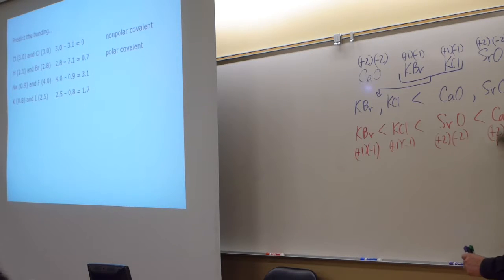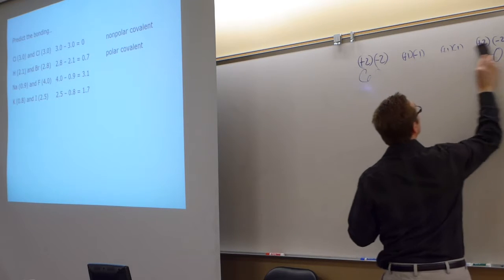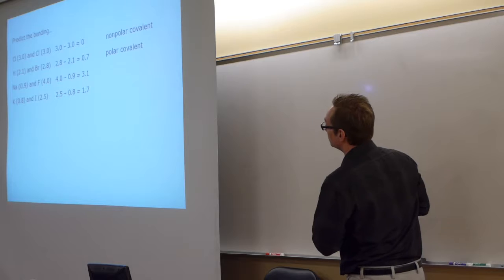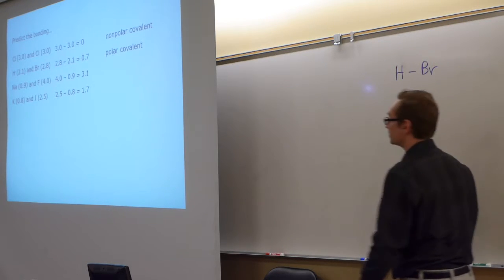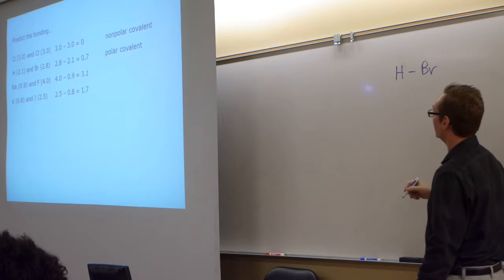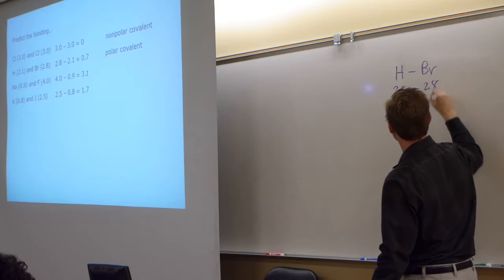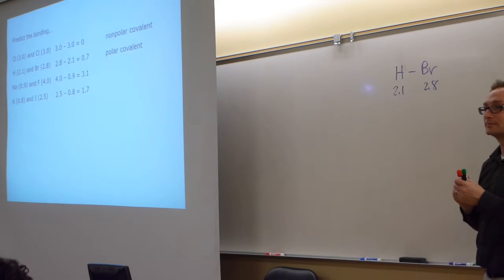This will probably ring familiar to you, hopefully. If I have hydrogen bonded to bromine, and if I have 2.1 here and 2.8, which way are the electrons going to want to go?